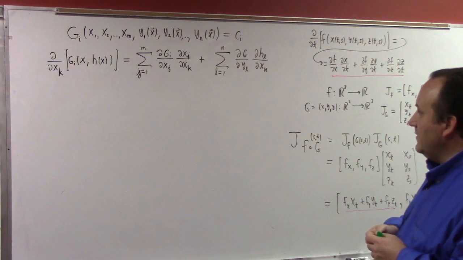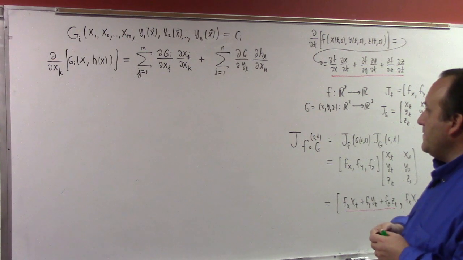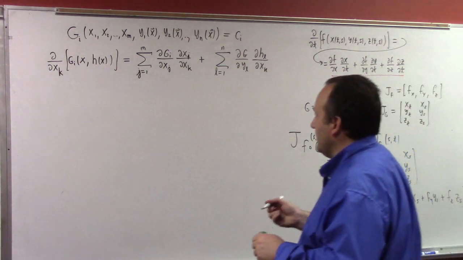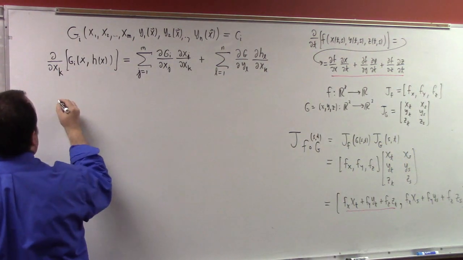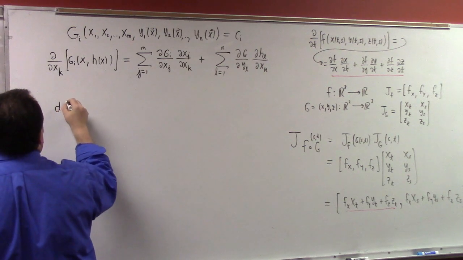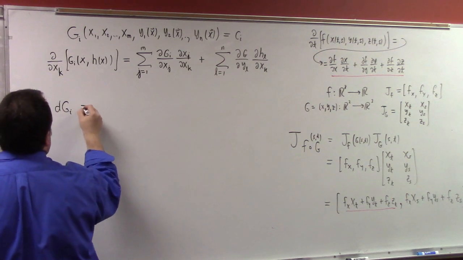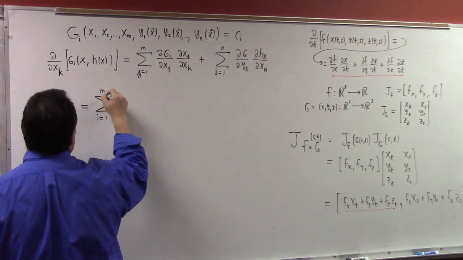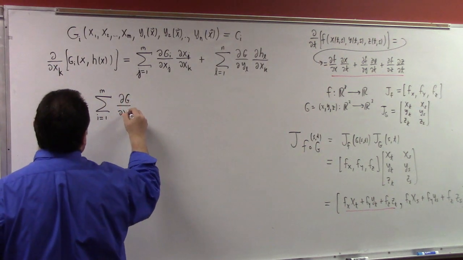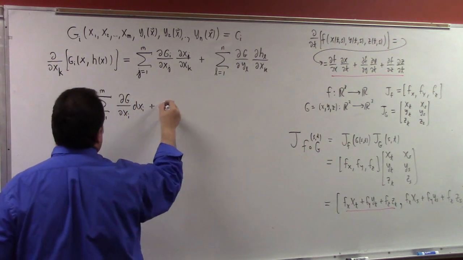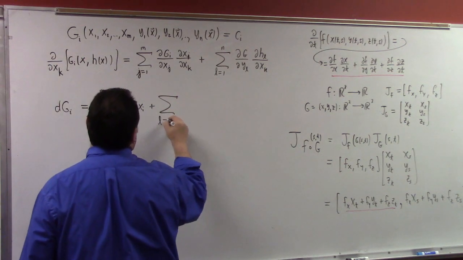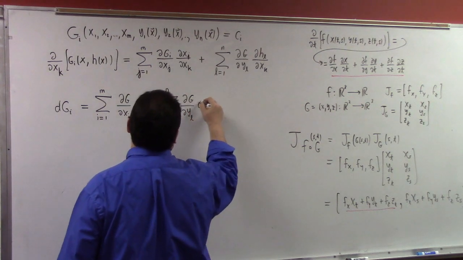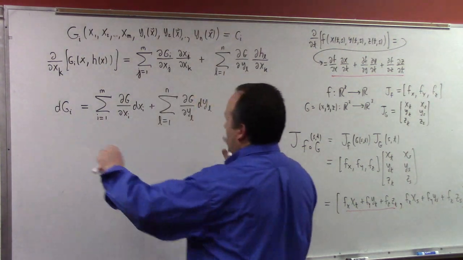What happens when we calculate? Yeah, okay. So what's the differential of g_i, by the way? By definition, this is the sum, i equals 1 to m, of partial g partial x_i dx_i plus the sum, let's say l equals 1 to n, of partial g partial y_l dy_l. That is the total differential.